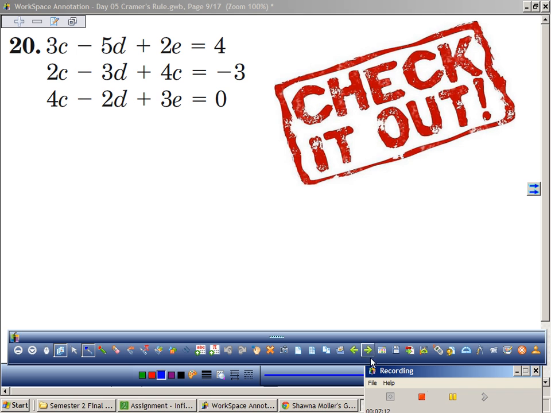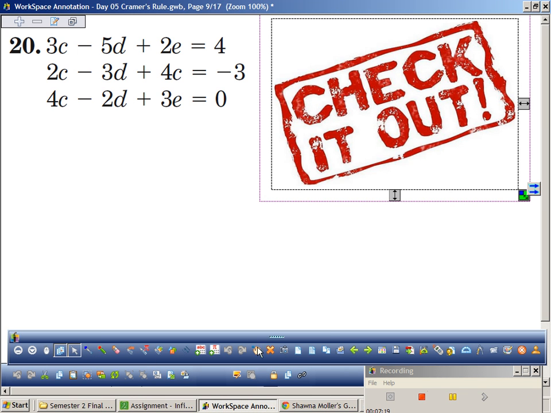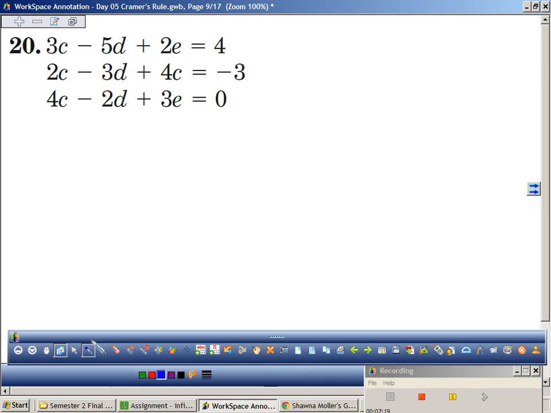Okay, check it out. I don't think you should write this, guys. This is one of those things that you just watch me do. You have 3 more to do on your own. I don't know why, but this says C. It should be E. So let's start with C. I'm going to color code this stuff.